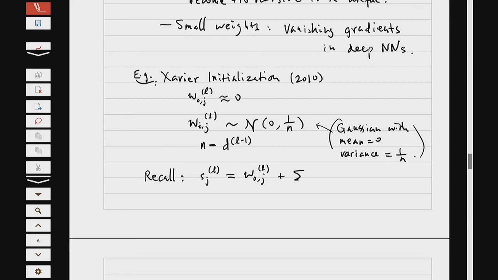So this is the sum over i equals 1 to d_{L-1}. Just summing up the weighted sum of the outputs from the previous layer. That's what we have before, just describing the neural network.